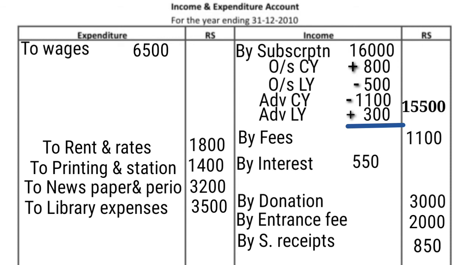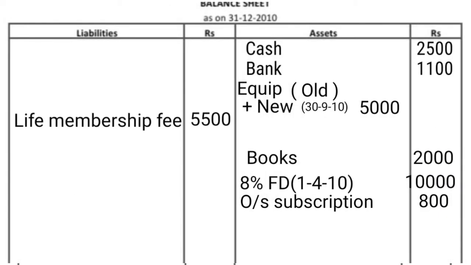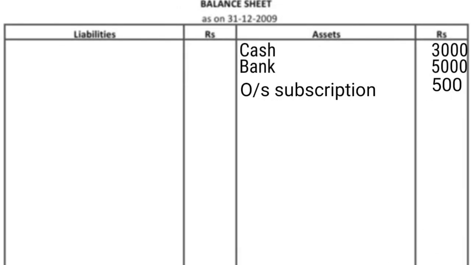The current year advance we will show in the current year balance sheet and the previous year or last year advance will be shown in the last year balance sheet. In this current year balance sheet we will write advance subscription rupees 1,100 and in this previous year balance sheet we will write advance subscription rupees 300.